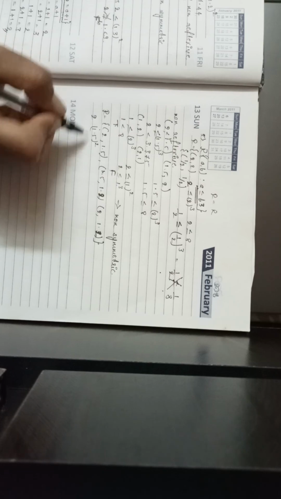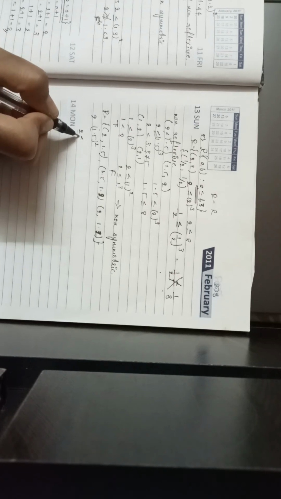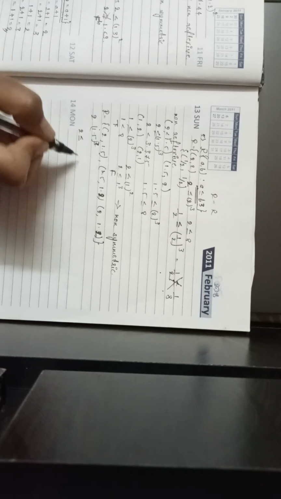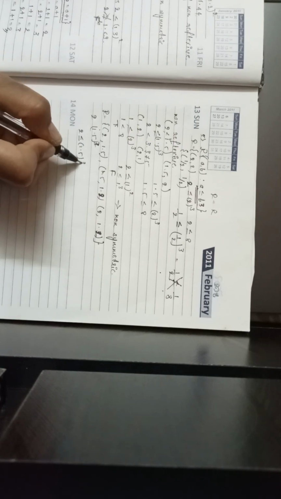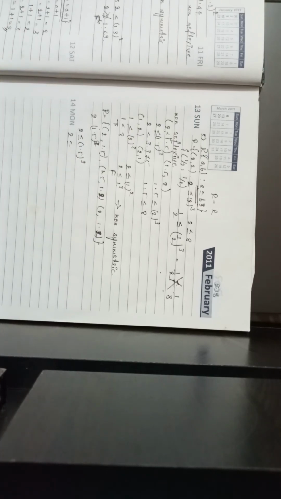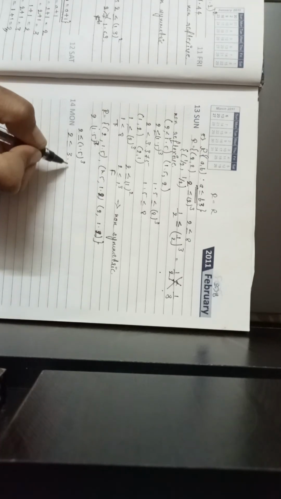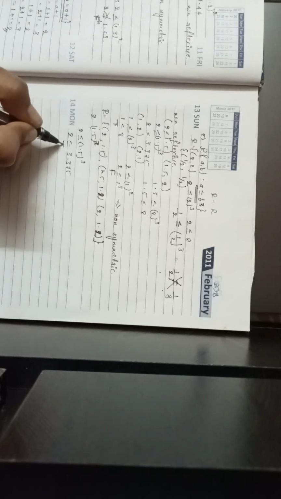A should be less than or equal to B cube. That is 2 should be less than or equal to 1.5 cube, and 1.5 cube is 3.375. The condition is true.